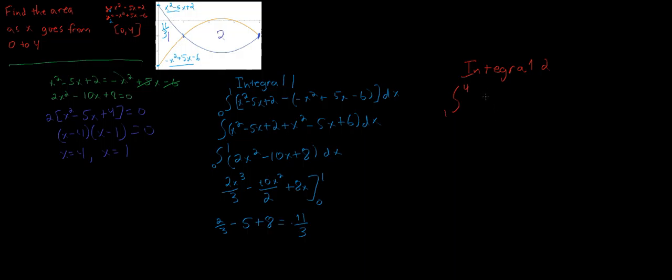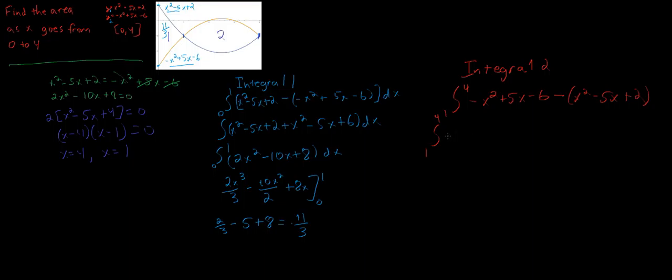Now we're doing y2 minus y1, so we have negative x squared plus 5x minus 6 minus, all in parentheses, x squared minus 5x plus 2, from 1 to 4.